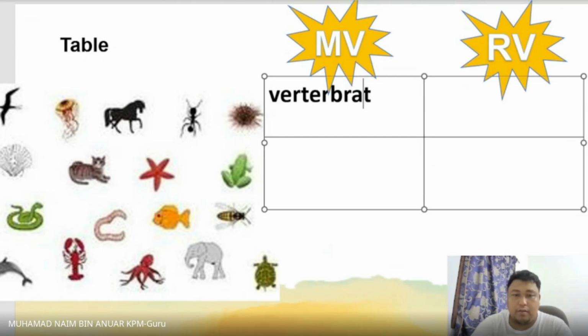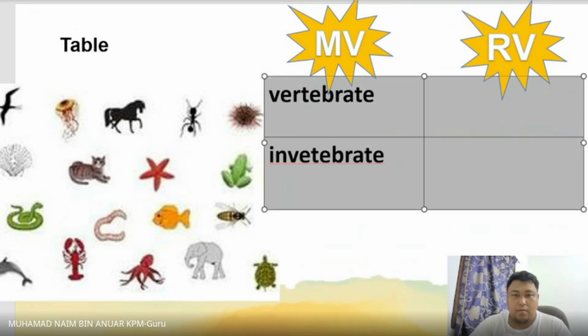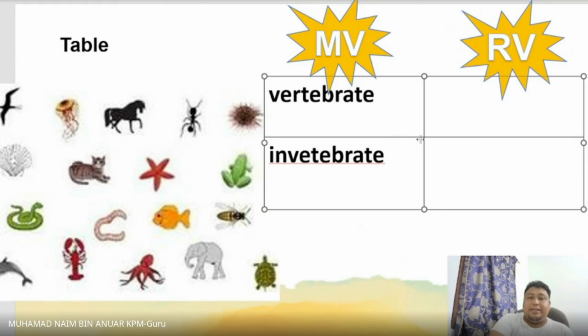Vertebrate. Next one is invertebrate. Okay, must be like this. MV on your left side, RV on your right side.